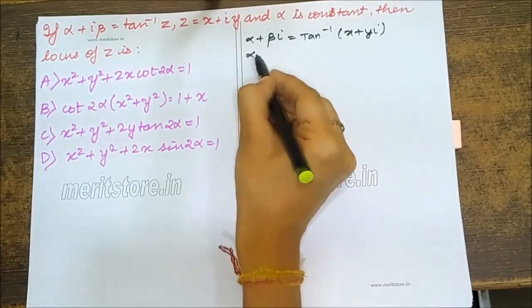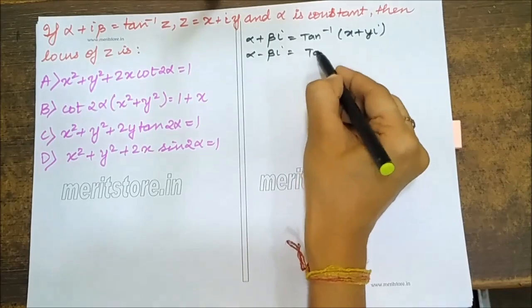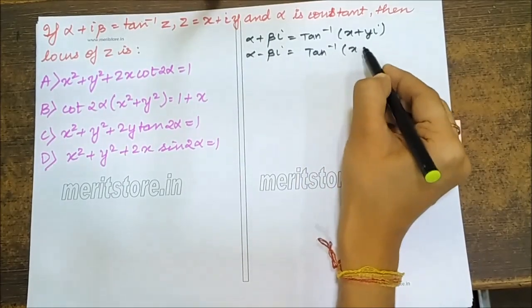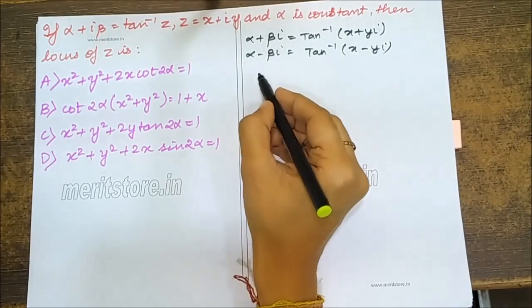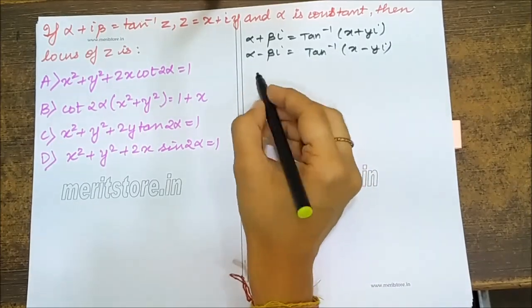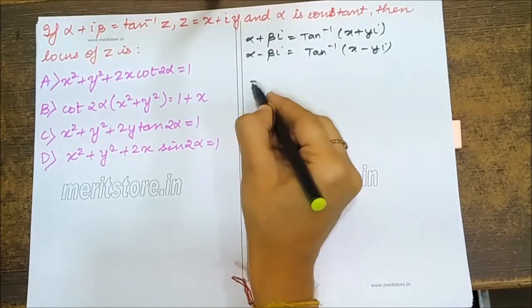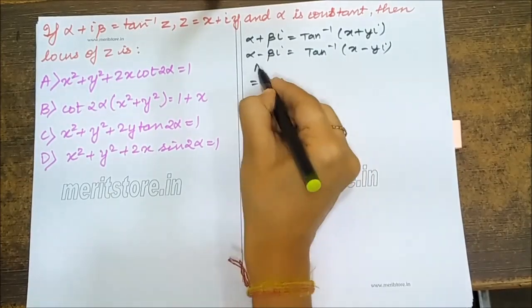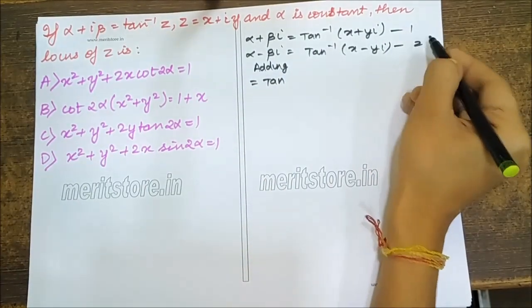After that, the conjugate: alpha minus beta i is tan inverse of x minus yi. When you add both the equations, you get 2 alpha, that is equal to tan inverse of, let's say adding your equation 1 and equation 2.